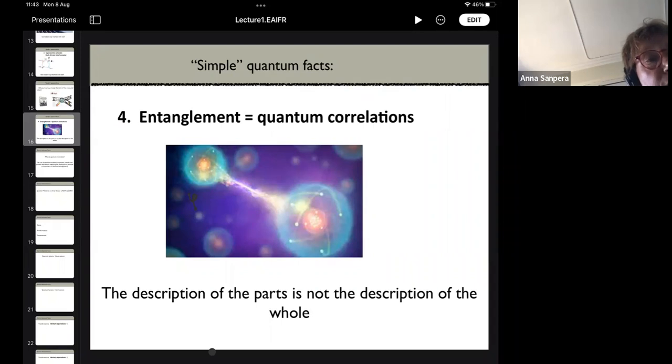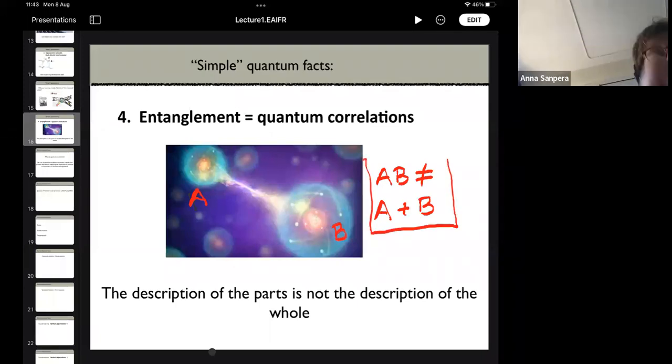Basically, what it tells us is that if we have two systems, A and B, then if there are correlations, the description of AB is definitely not the description of system A plus the description of system B. Classical correlations also mean that, but quantum correlations mean that even if I describe system A perfectly and system B perfectly, this is not a description of the whole system.